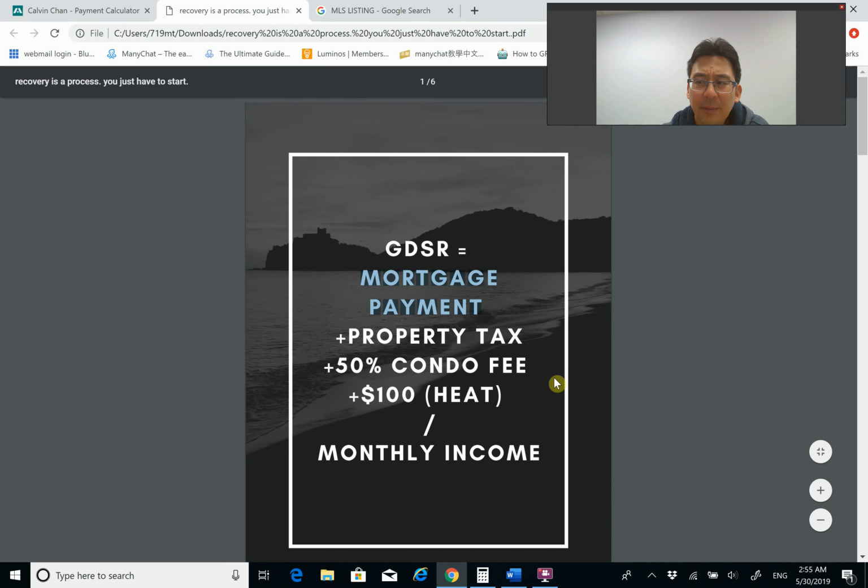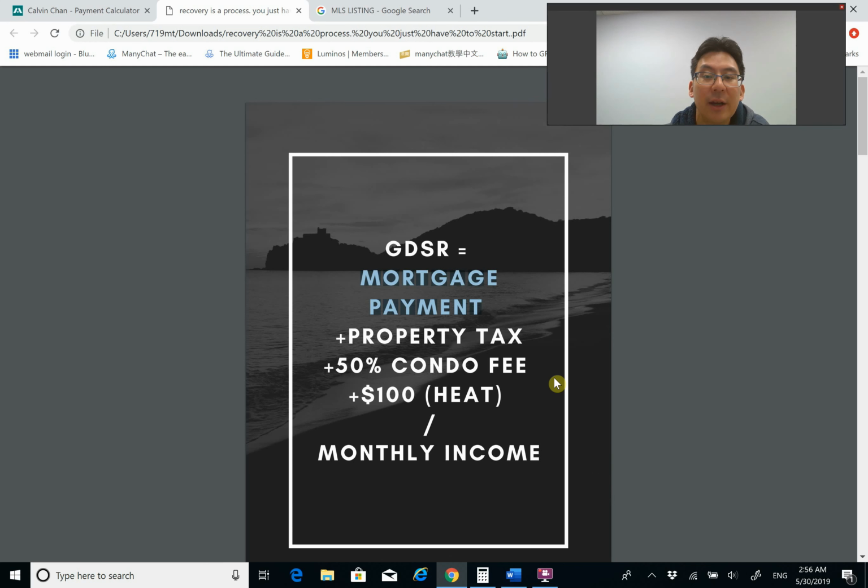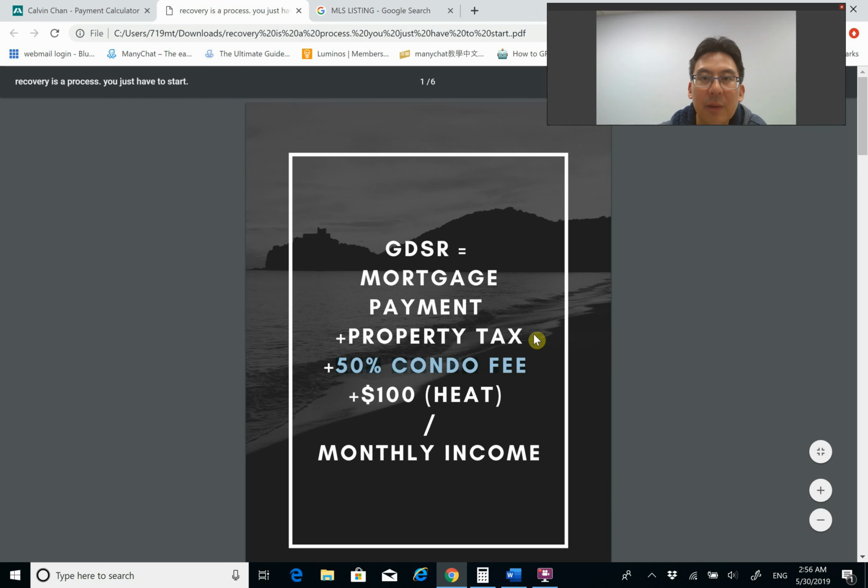This assumes that you are buying this property as a principal residence. This is usually how the bank looks at it: 50% condo fee if it is a principal residence, okay? And if it is a house or semi-detached and all that stuff, it doesn't have the condo fee, just ignore this part, okay?